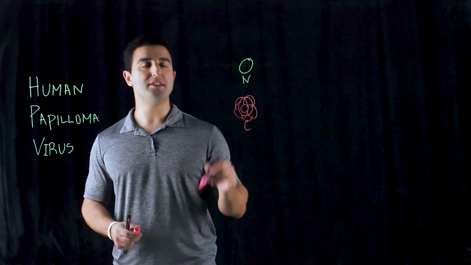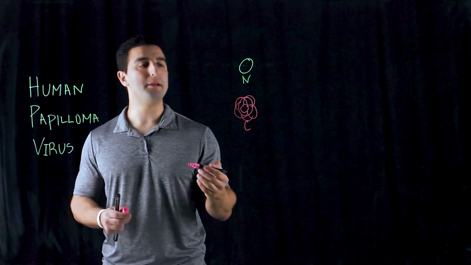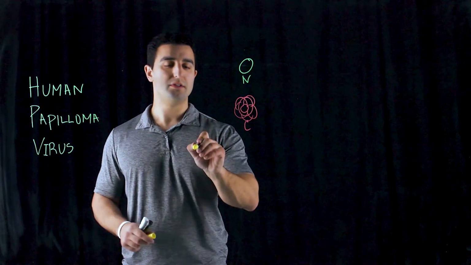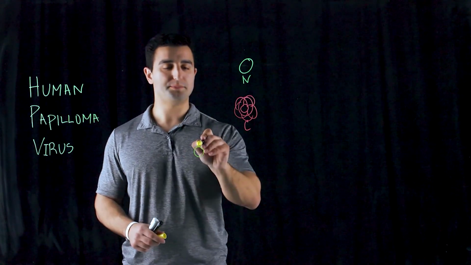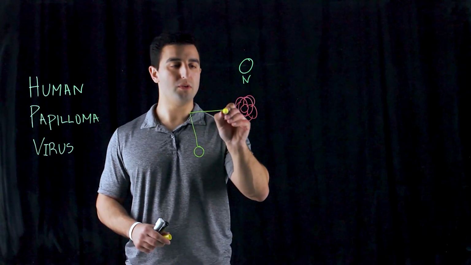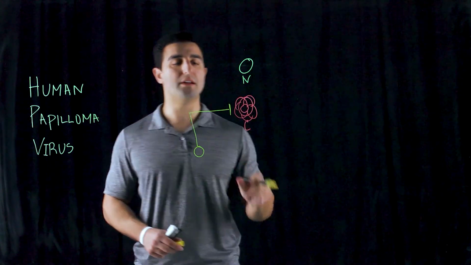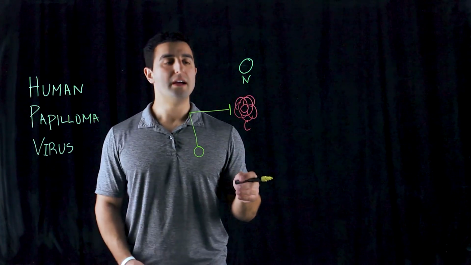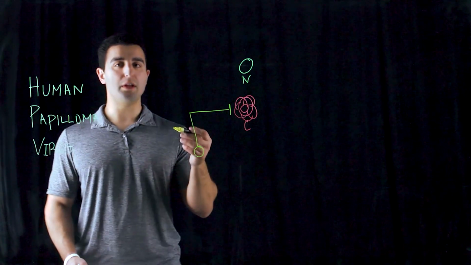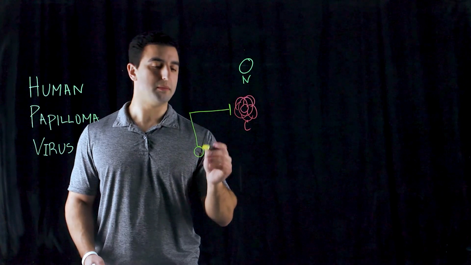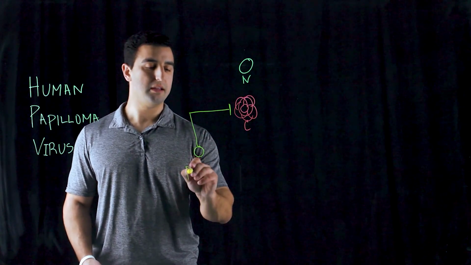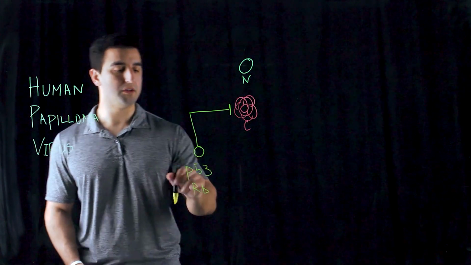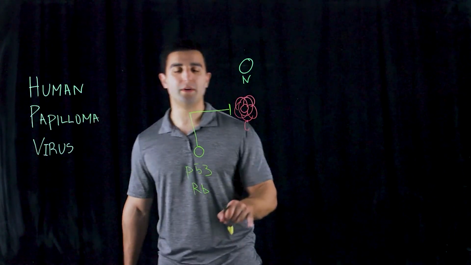The way cancer cells are regulated, one pathway is through specific proteins called tumor suppressors. We see these tumor suppressors come in, and their main role, if you see this flat line, is blocking the cancer cells. One of the most widely studied tumor suppressors are P53 and RB proteins, the P53 protein and the retinoblastoma protein.